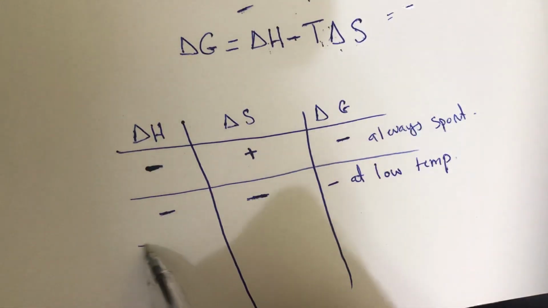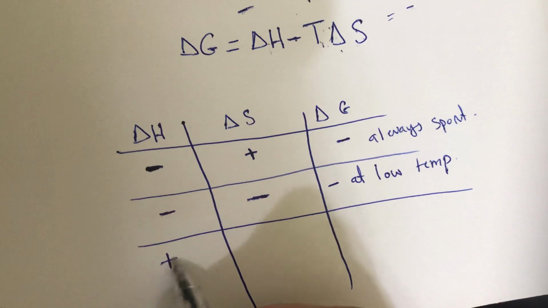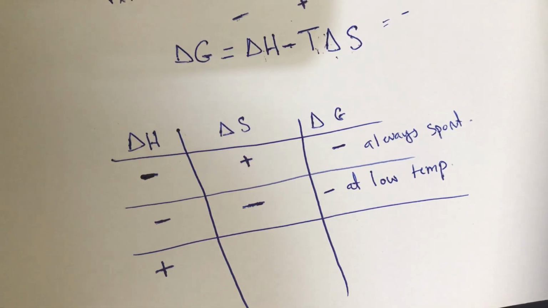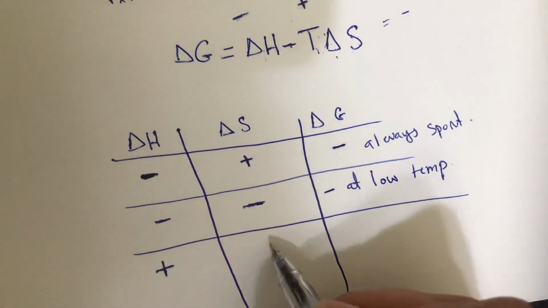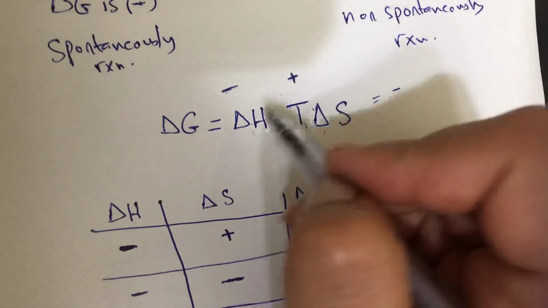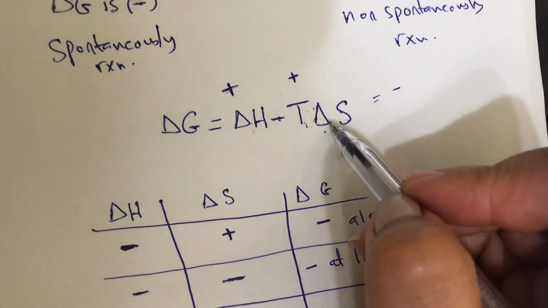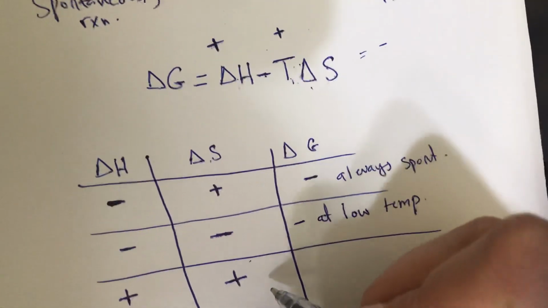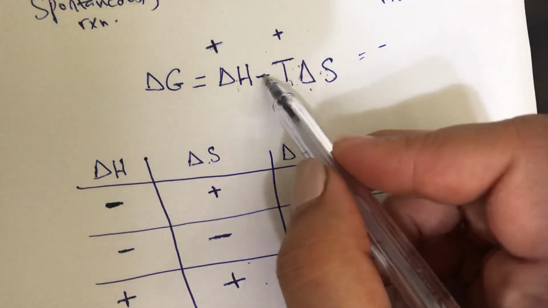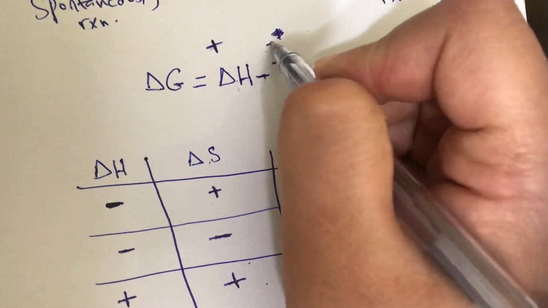Now, what about if delta H is positive and delta S is positive? So here positive, and here you have a negative sign, so negative.